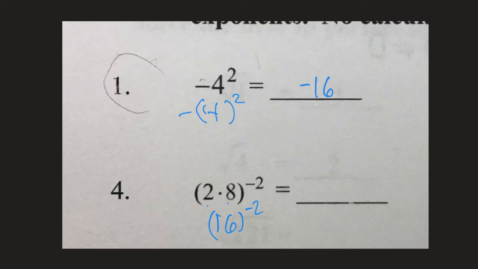So instead of 16 squared, we're going to have 1 over 16 squared. Now, 16 squared is 256, so our final answer is going to be 1 over 256.